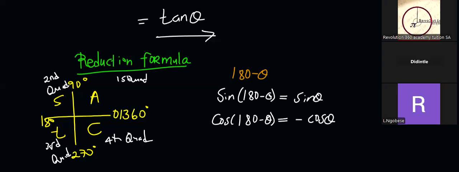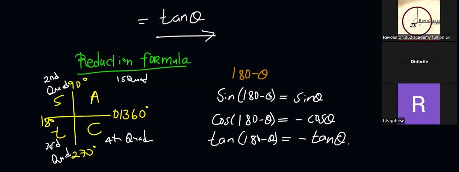Then say tan of 180 minus theta. We fall on the second quadrant, where tan is negative, so it will be negative tan theta. And then for the one of 180 plus theta, let me just write it here.